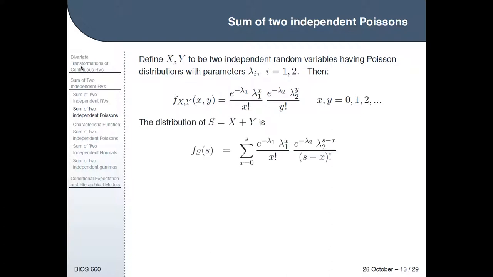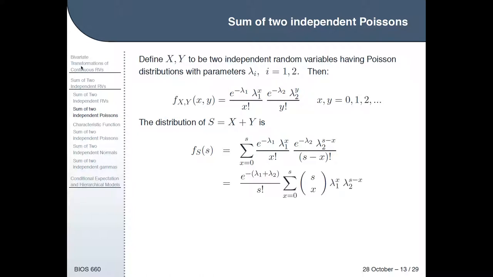So to find the distribution of X plus Y, as you'll recall, we do the same sort of trick: for a given value of s, X plus Y will sum to s if, given some X, Y is equal to s minus x. So the density for a given s, you simply take the sum from x equals 0 to s of the PMF for X evaluated at x and the PMF for Y evaluated at s minus x.